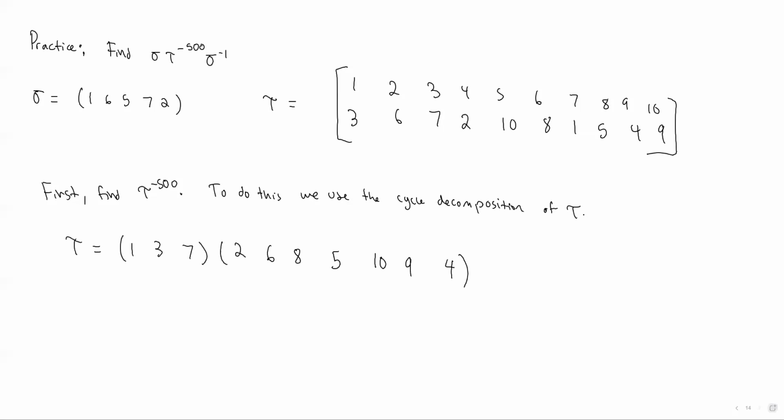Okay, so we can depict tau as, you can draw arrows and dots to kind of imagine tau. So for tau, it sends 1 to 3, 3 to 7, and 7 to 1.